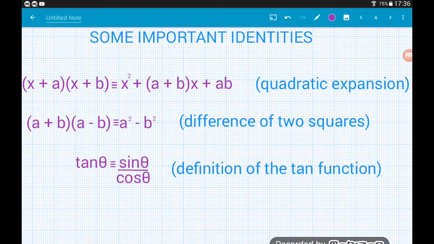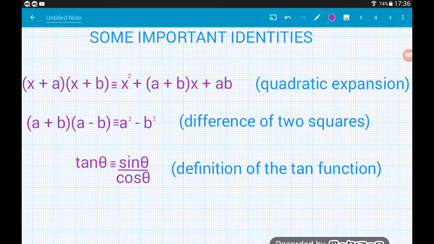So this top chap then, x plus a times x plus b. Hopefully that looks familiar. It's a quadratic expansion. Now when it's purely algebraic like that, you will always get x squared plus a plus b, lots of x, plus ab at the end. No matter what values of a and b you substitute in, you will always get that answer.